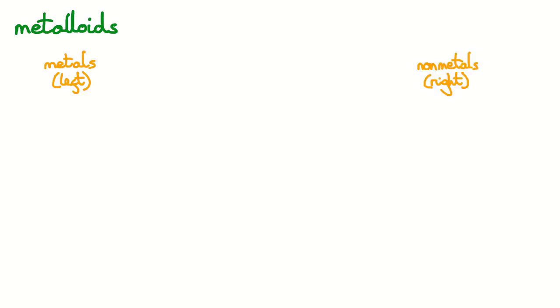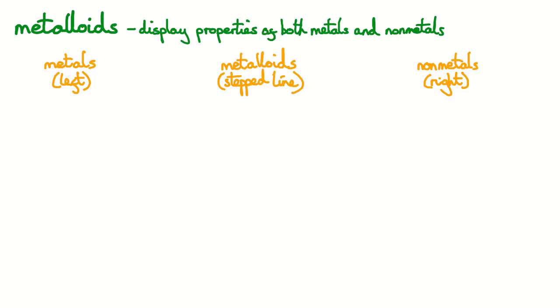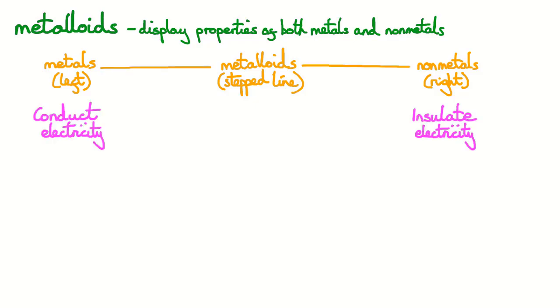And metalloids can be found either side of the stepped line where metals and nonmetals meet. Metalloids tend to display properties of both metals and nonmetals. So if metals conduct electricity and nonmetals insulate, what do metalloids do? The answer is something in between.